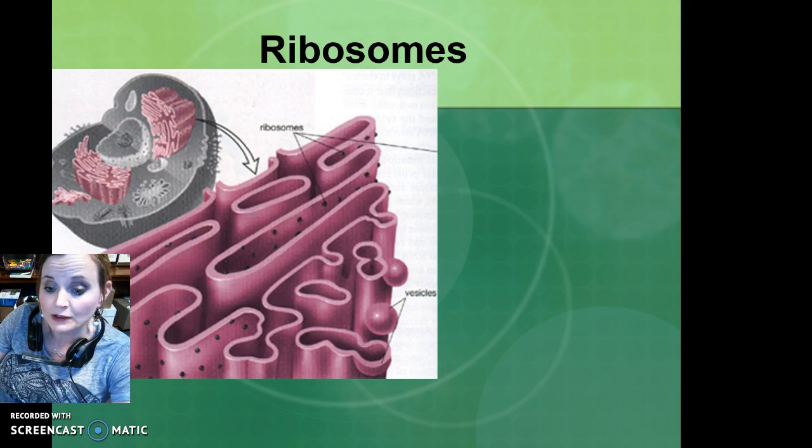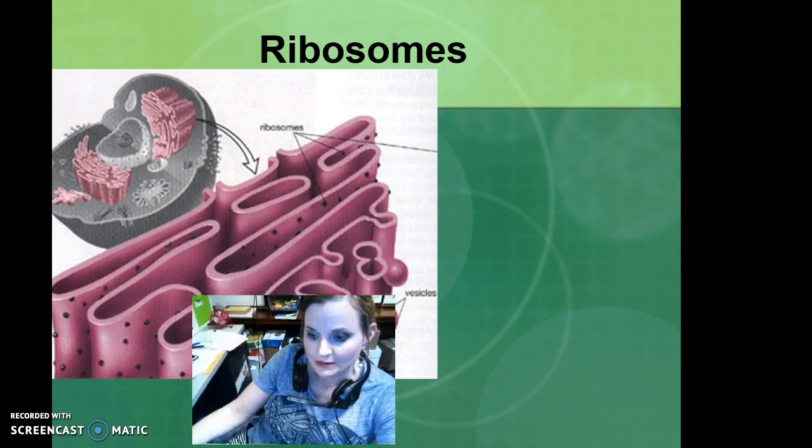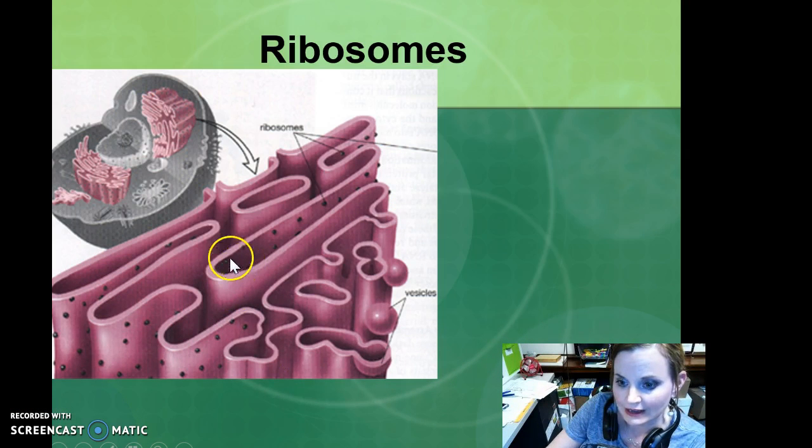They are free-floating in the cytoplasm, but they are also found embedded on this funky-looking, kind of twisty organelle called the rough endoplasmic reticulum. And this is where proteins are made. So remember we talked about proteins. It makes up your muscles, your skin, your hair, your nails, and lots of other things, enzymes, all sorts of fun stuff. Well, that's where all that is made, on those ribosomes.